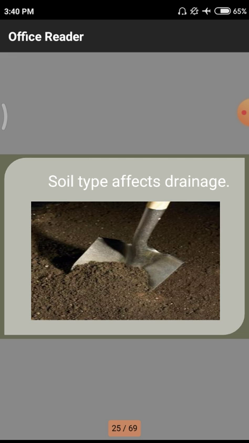Next, we have soil types and how they affect drainage. In the previous points we discussed how different kinds of soils have different granular sizes. Each and every grain has some thickness and diameter. Those are mentioned with the help of D1, D2, D3, D10.